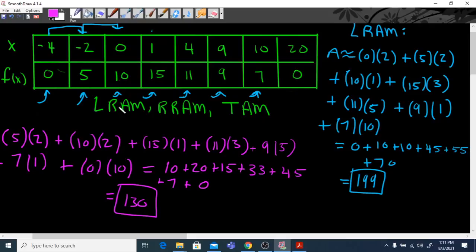If you remember, for a function that's increasing the whole way, the left rectangle will be an underestimate. So that means this function is actually decreasing a little bit more overall, because we got 130 for the right and 199 for the left.